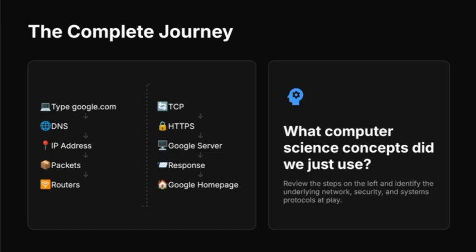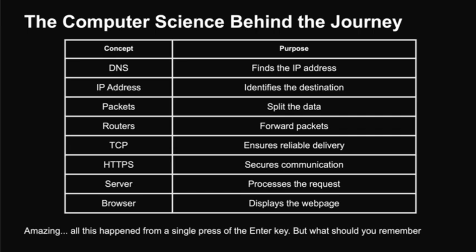So if this entire journey happened from just one press of the enter key, what computer science concepts were working behind the scenes? We've just spent the last few minutes following a single search request across the internet. But if you look at this table, you'll notice something interesting. Every step in that journey was powered by a different computer science concept.